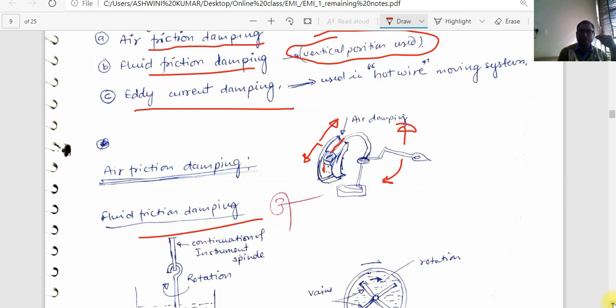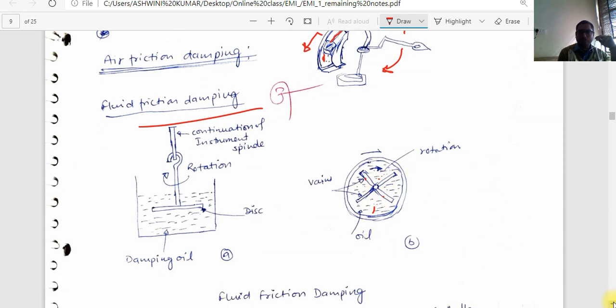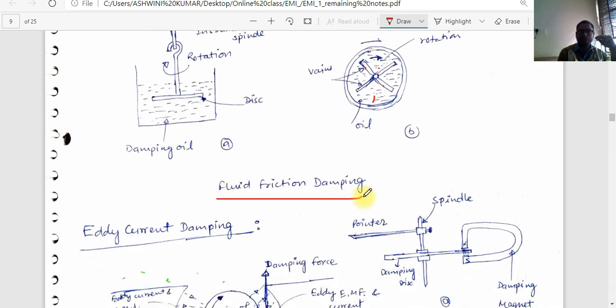For fluid damping, this is the vessel, this is the oil, and this is the disc. The spindle of the instrument is moving, and opposite there is the force of the damping oil which damps the oscillations. And this is also one type of oil damping, liquid damping, where these are the vanes and this is the rotation in the oil, and this is the fluid damping used.